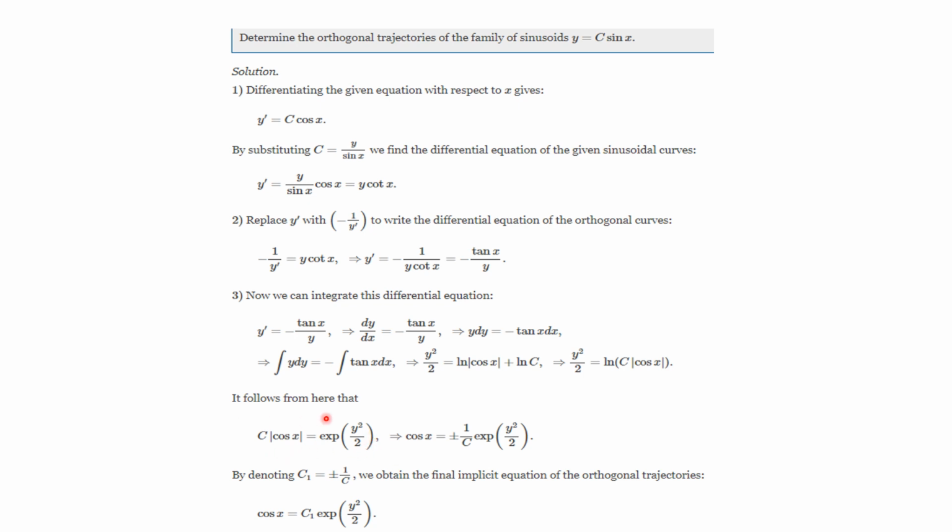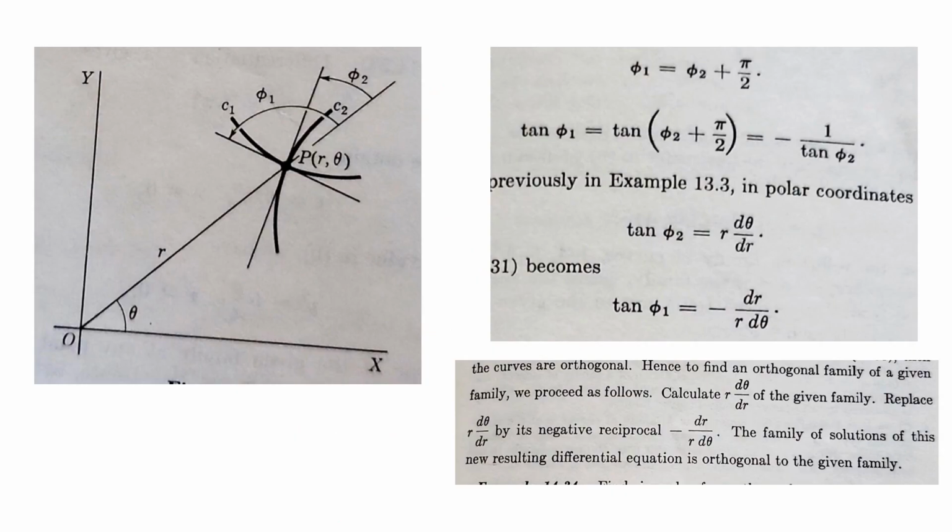This is a plus or minus situation, so we're just going to call that another constant, playing loose with the constants. And this is the implicit solution for the orthogonal trajectories: cosine x is equal to c1 e to the y squared over 2.